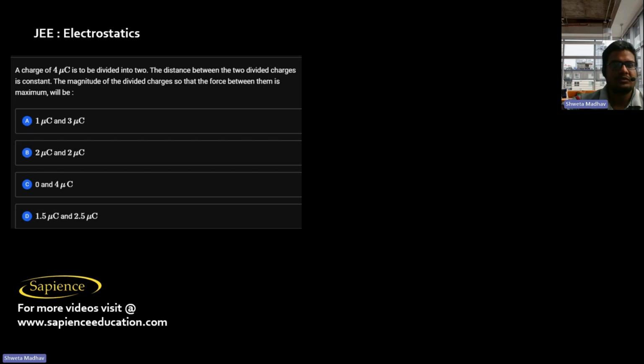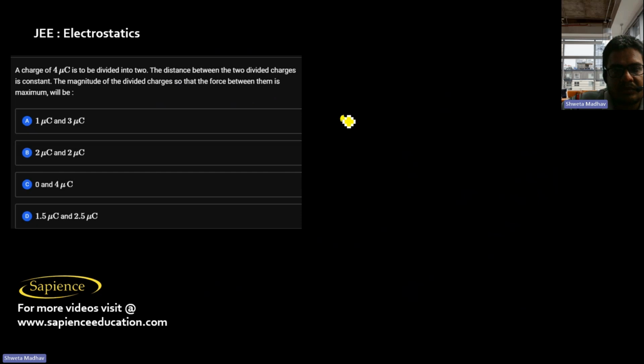Then here it is told a charge of 4 microcoulomb is to be divided into 2. The distance between the two divided charges is constant. The magnitude of the divided charges so that the force between them is maximum will be.